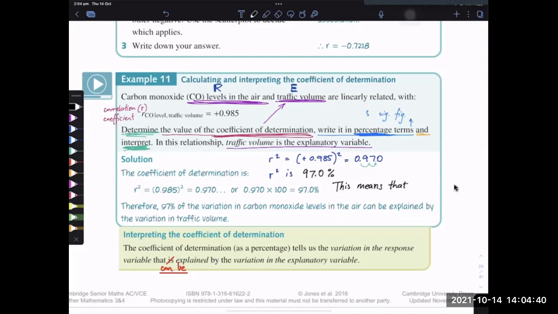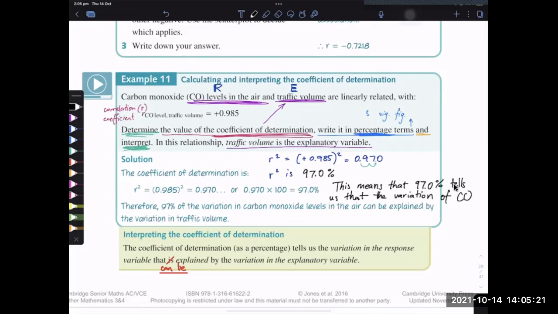This means that 97.0% tells us that the variation, now here it says in the response variable. We're not going to write the response variable. We know that the response variable is CO2 levels in the air.